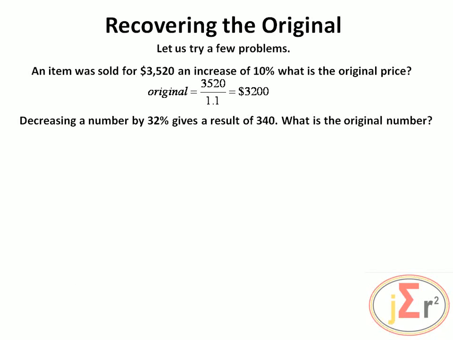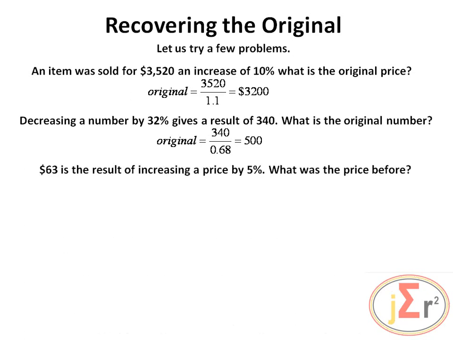That gives 68. Therefore, what we have there is 68%. We are going to go to the original. 68% is 0.68. So we divide by 0.68. Lovely. We get 500. No problem with that one.